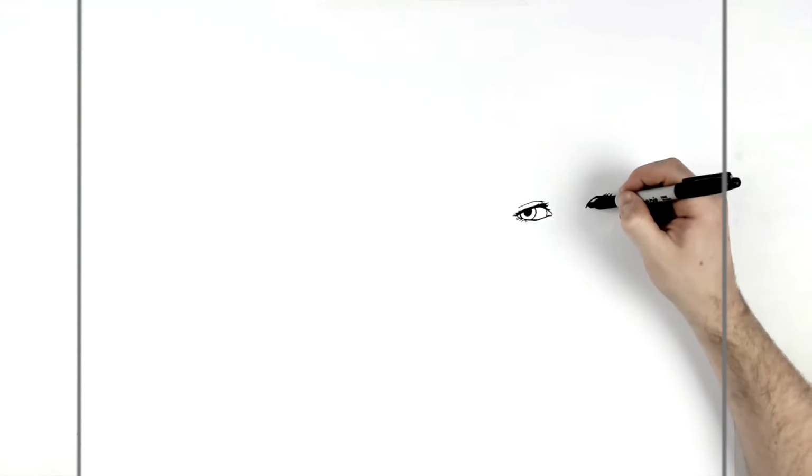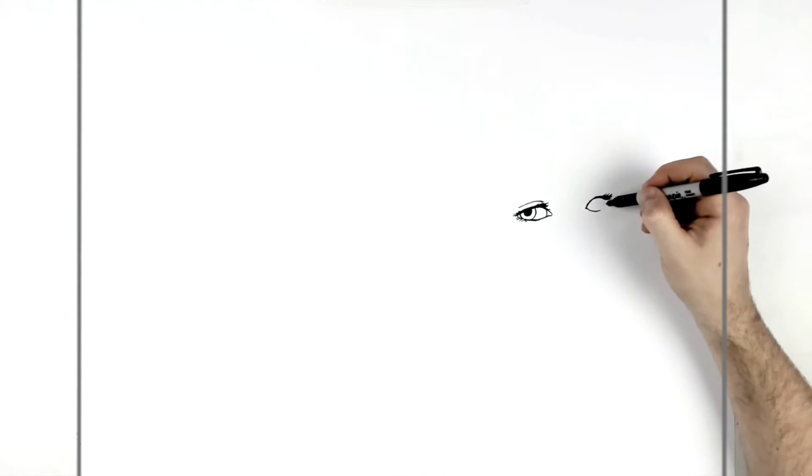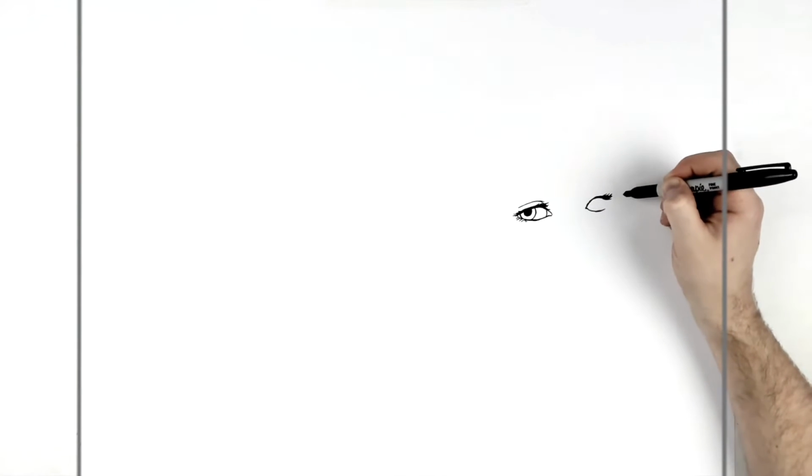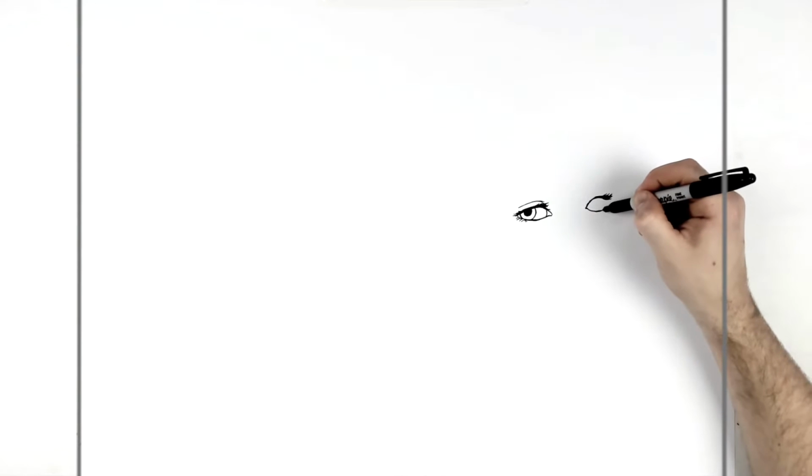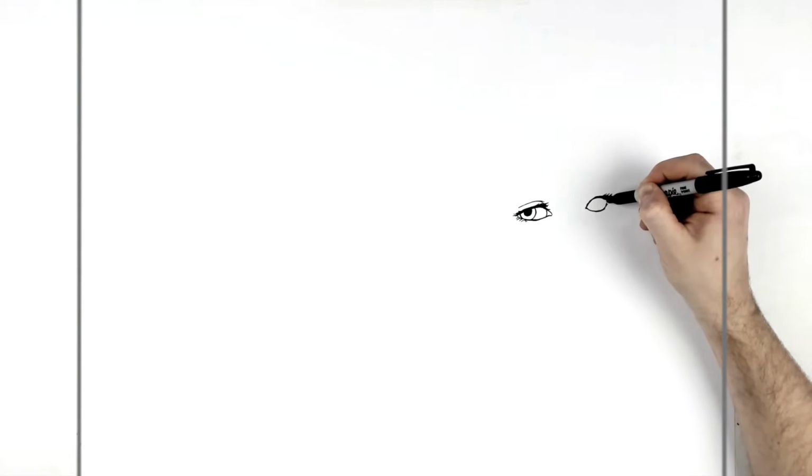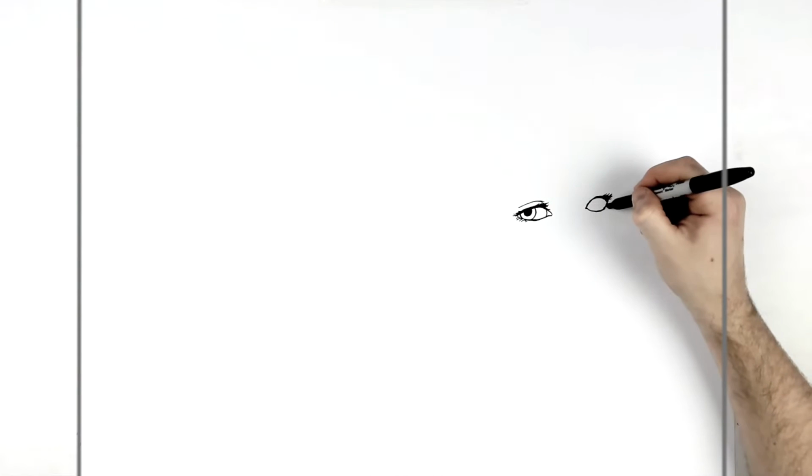And then the bottom eyelid comes across. Around here into the corner, right? So like this, these eyelashes come around the bottom as well.